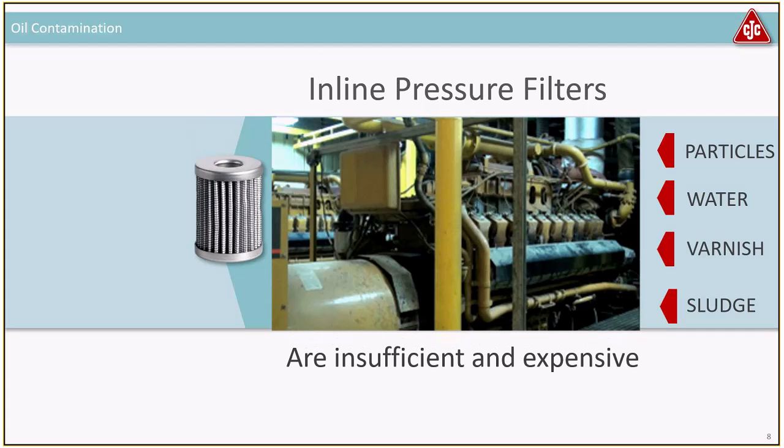You may know that a lot of machines already have an inline filter, a pressure filter built in, which takes care of the particles primarily, but they're not designed to keep the oil clean and make it cleaner and cleaner. So very often the oil will actually become more and more contaminated over time. Also, the inline filters do not remove water, varnish, and sludge, so you're only focusing on particles.